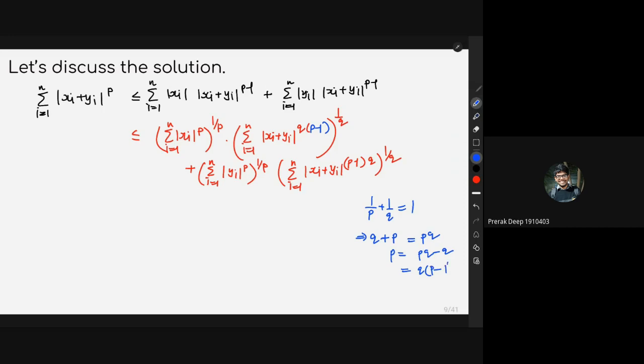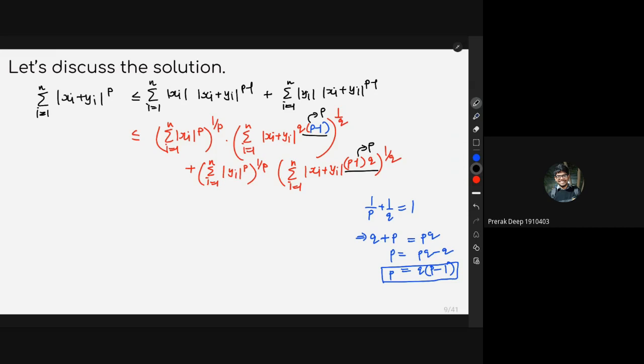So I will get p minus 1 correct, is equal to p. So I replace this into the equation, and this will be replaced by p. Similarly, this will be replaced by p.